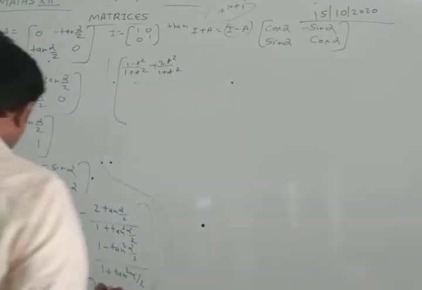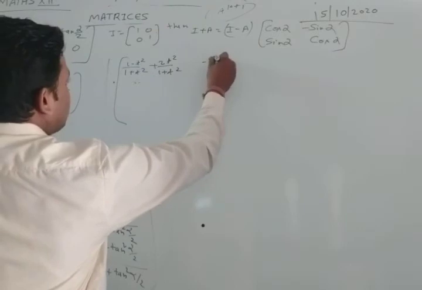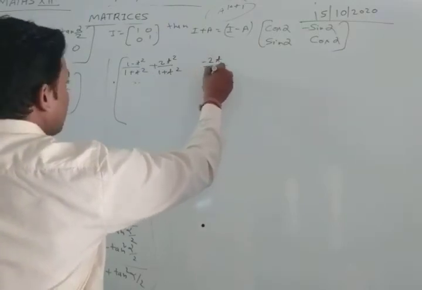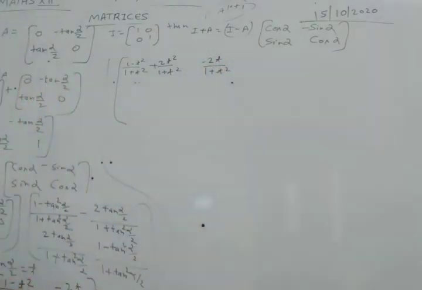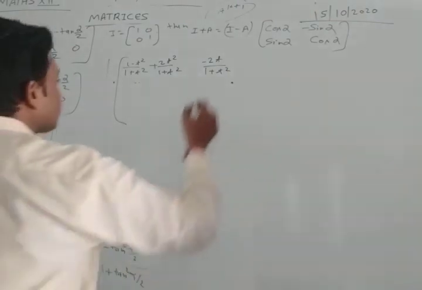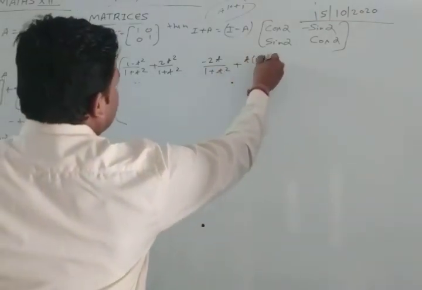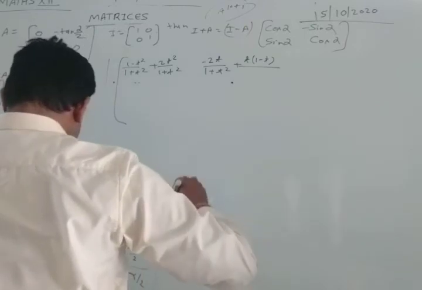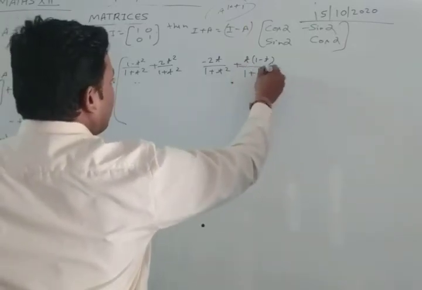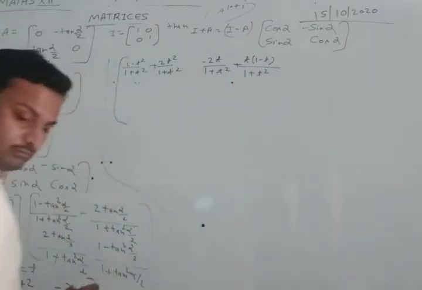Now again this, minus 2t upon 1 plus t square and plus t times 1 minus t upon 1 plus t square. Okay.